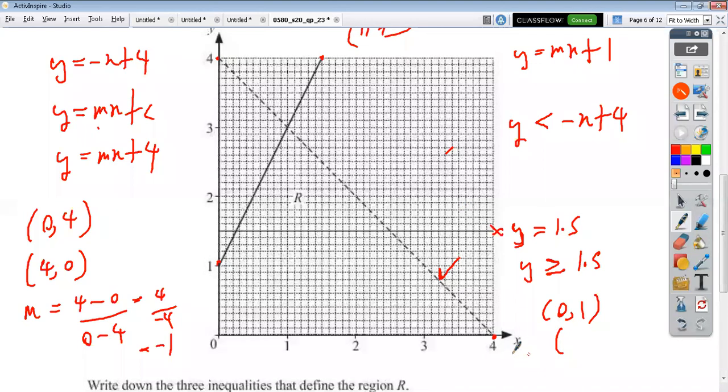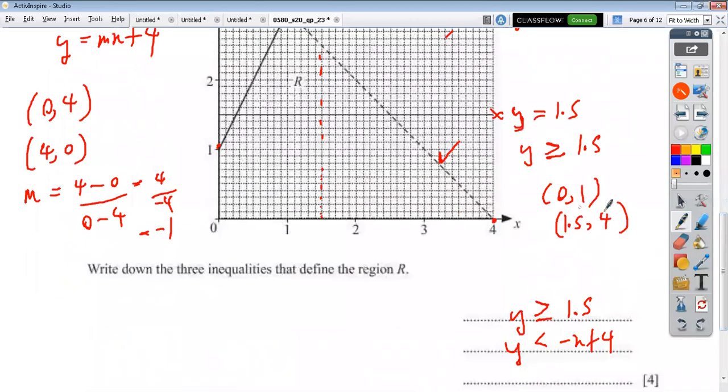What's that point here? 1.1, 1.2, 1.3, 1.4, 1.5. So when x is 1.5, then y is 4, like this. Clear now?